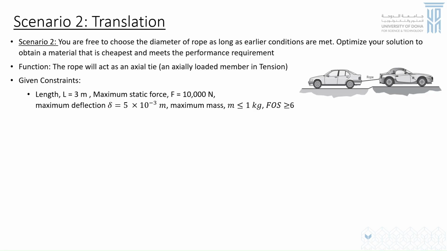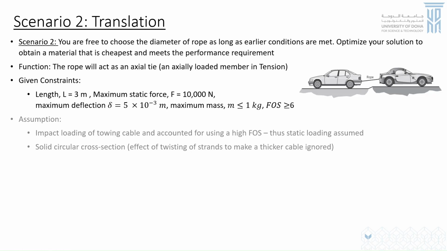And as in the other part of the course, I discussed the method to determine the effective force in case of the dynamic loading, and it turns out that for this type of rope with the typical kind of constraints that I've used over here in terms of the length and the deflection, you end up with a force which is typically between 5 to 7 times larger than the static force. So that's why I've chosen 6 as a safe estimate here for the factor of safety.